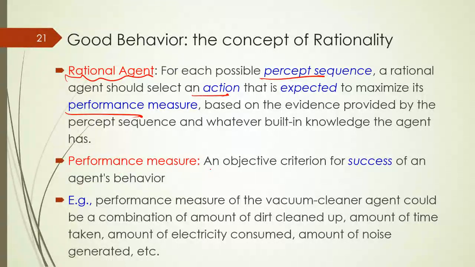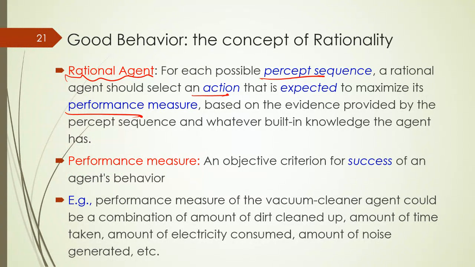Performance measure: an objective criterion for success of an agent. Performance on its own is not success. Success is defined as how good the performance is. How much performance do you want to receive using this agent?